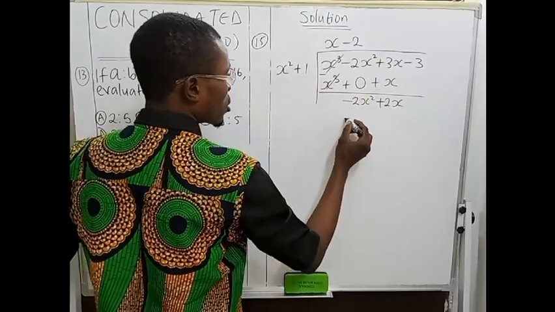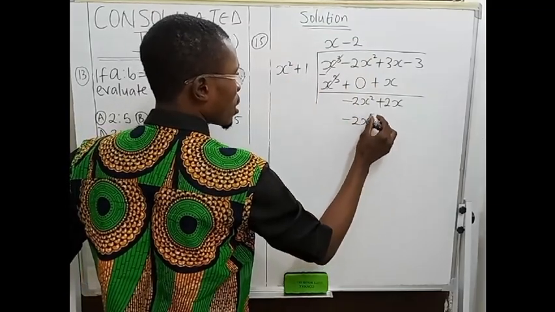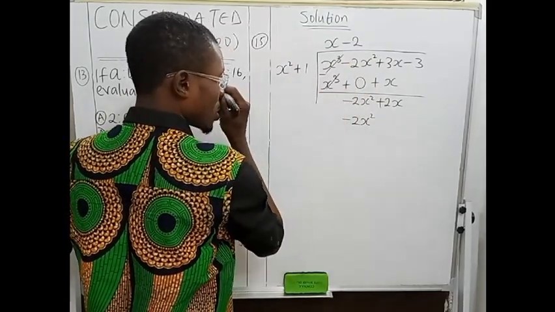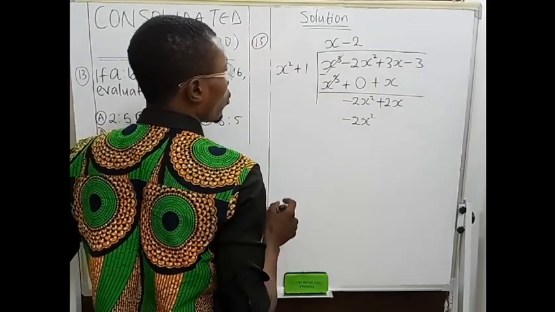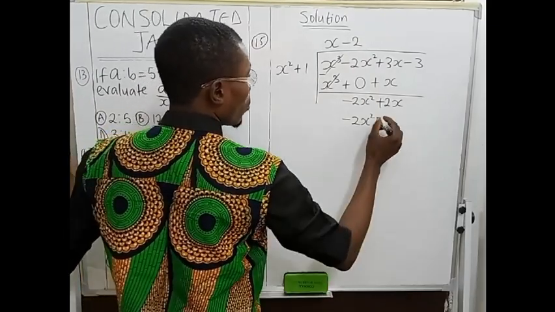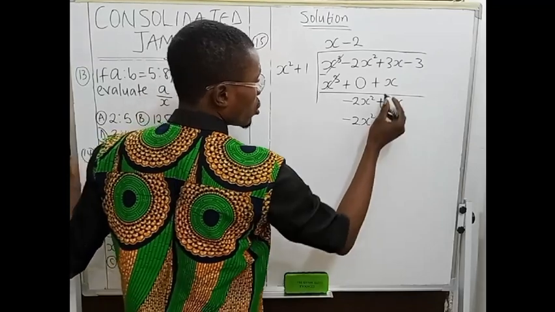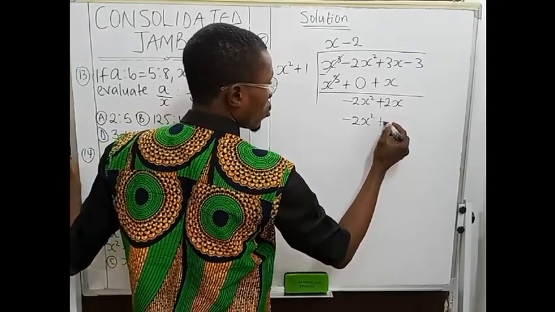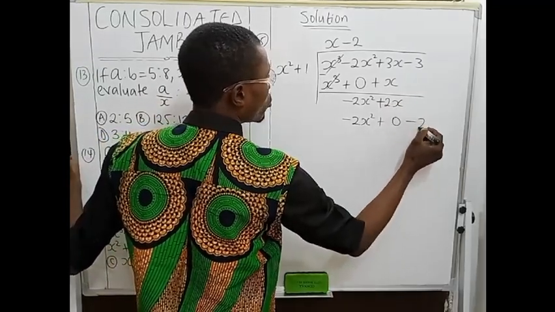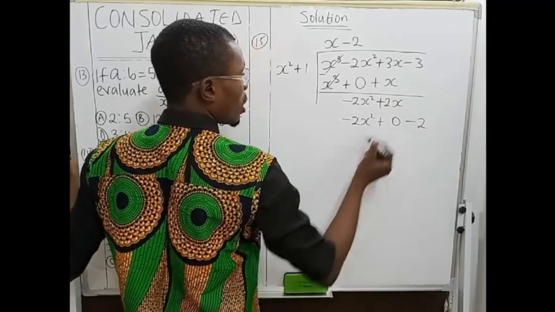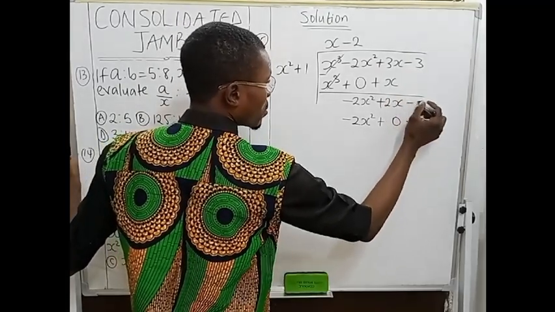Minus 2 times x squared, minus 2x squared. Minus 2 times 1, we have minus 2. Here, the term of x is missing, we have 0 minus 2. So what do you have left? Hence we can bring down our minus 3 here.